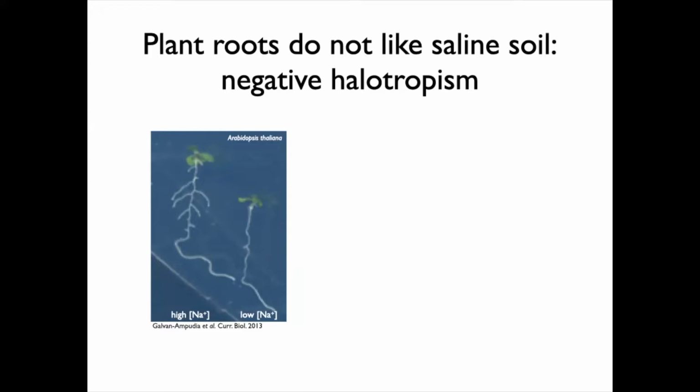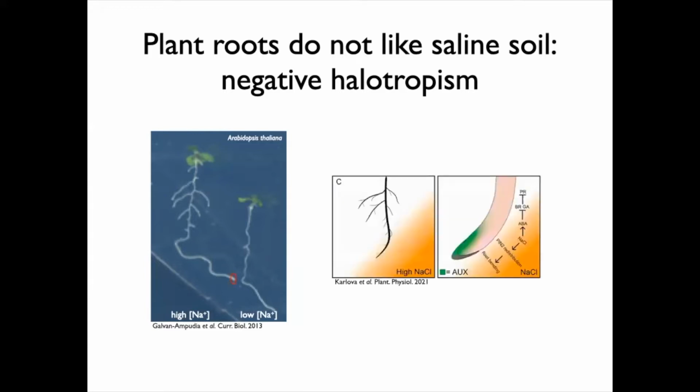This is called negative halotropism and has been studied extensively. It seems that sodium leaks into the root cells, and all this high sodium concentration affects all kinds of biochemical pathways, and in the end it leads to the plant being very unhappy, to put it in a non-scientific way.